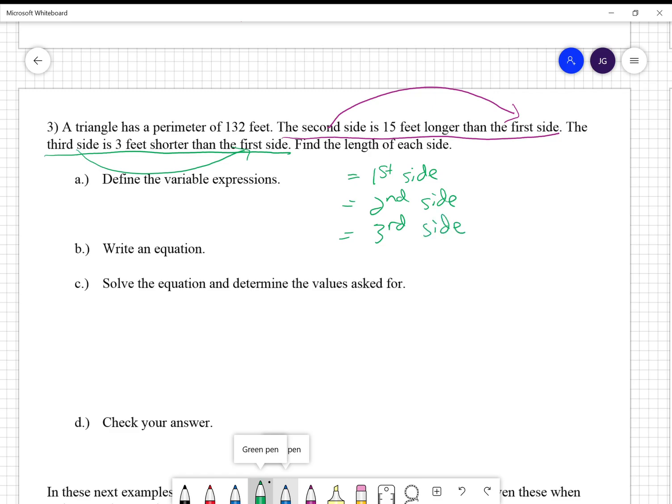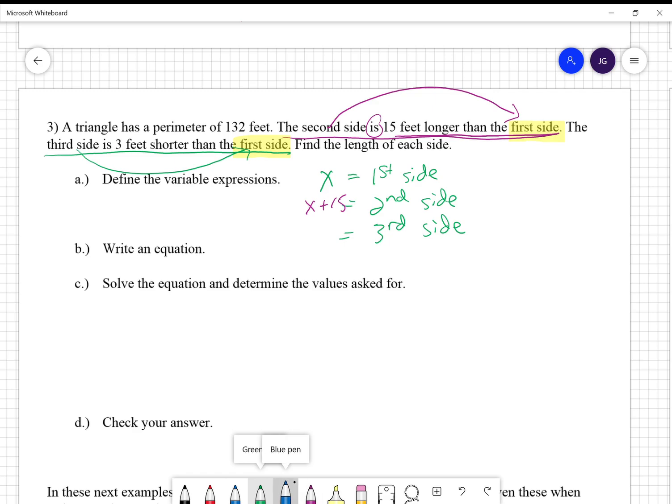Which one is my plain old X? Since they're both being compared to first, side one is my X. My second side is 15 longer than first, which would be X plus 15.